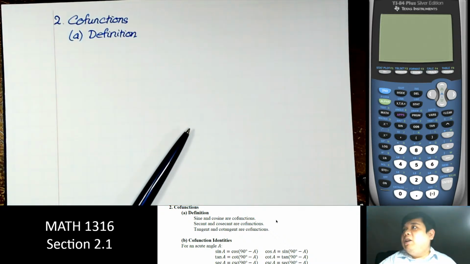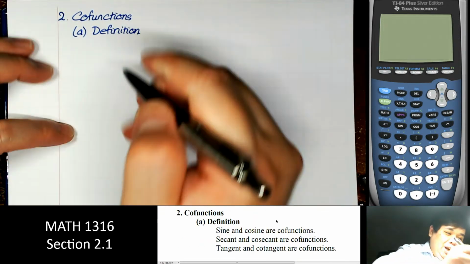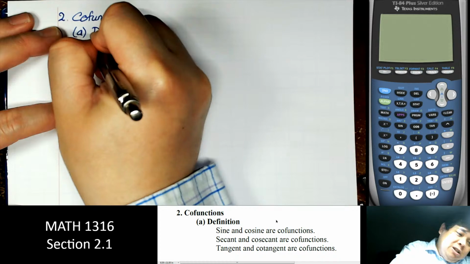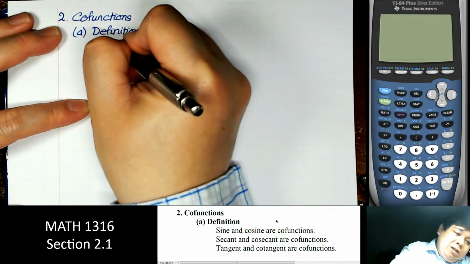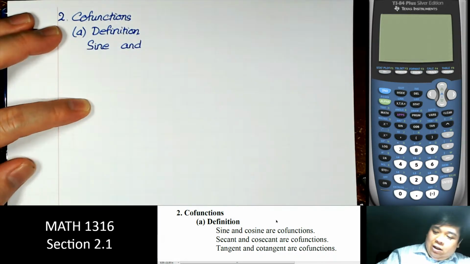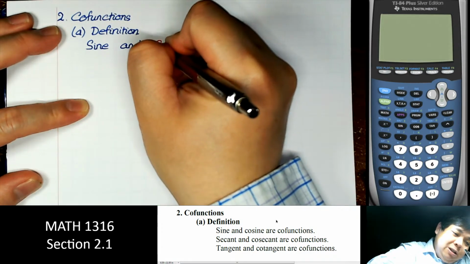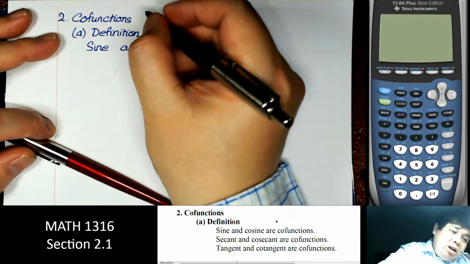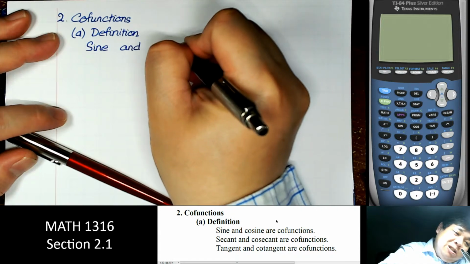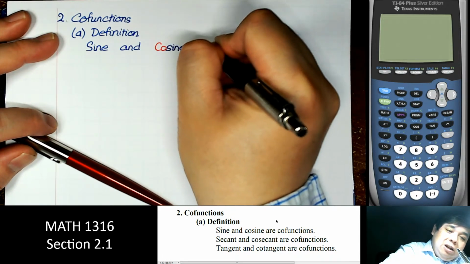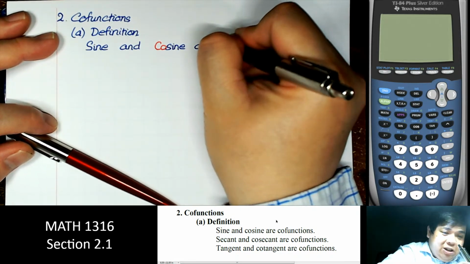Let me zoom in. So when we say sine and cosine are cofunctions of each other.